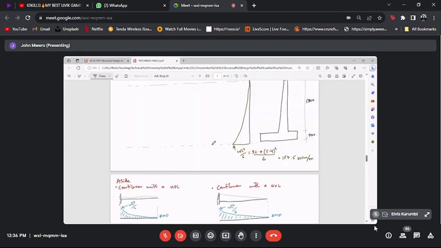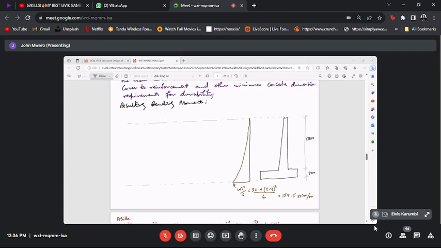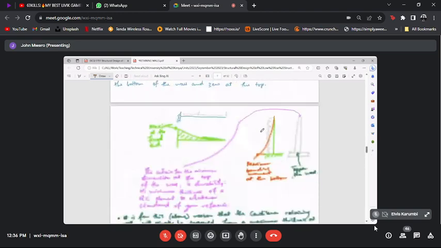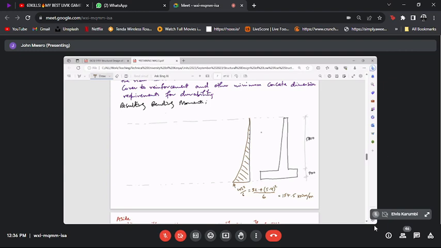Okay. So we found the loading bending moment diagram for the retained earth, the soil. So we'll label it here, soil.